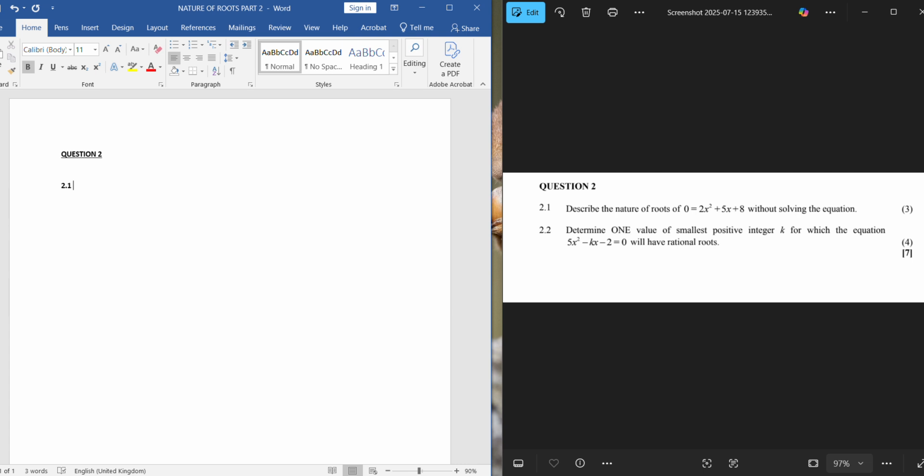We are required to describe the kind of roots we can expect from a given quadratic equation without applying the quadratic formula or factorization.